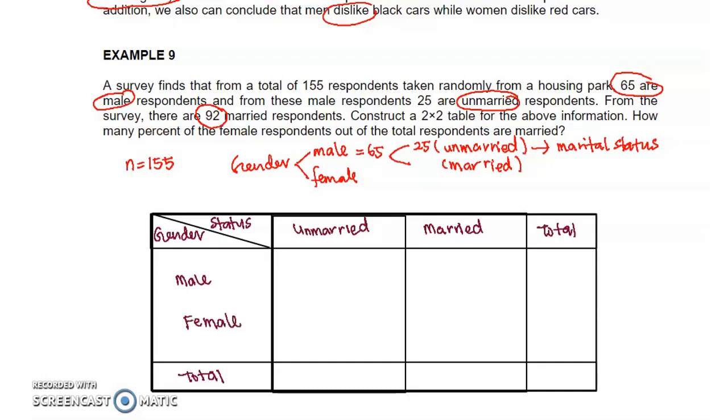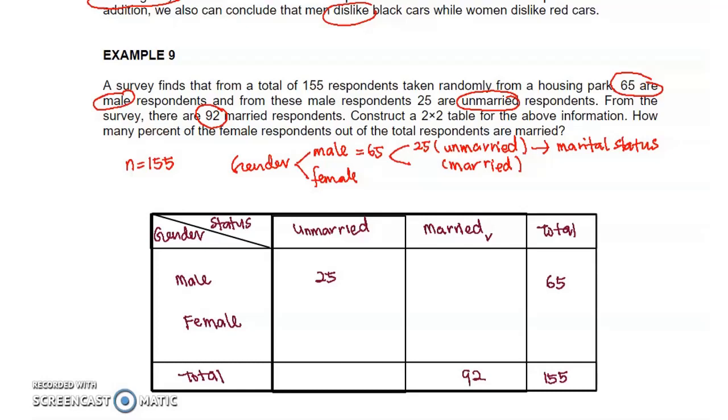From the information, a total of 155 respondents, so the grand total here will be 155. 65 are male respondents, so male total is 65. From these male respondents, 25 are unmarried, so male unmarried is 25. From the survey, there are 92 married respondents, so married is 92. Total for married.